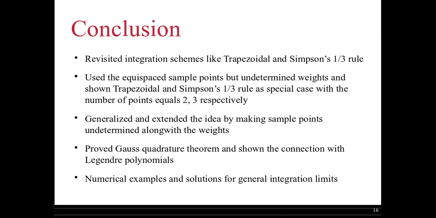Then we generalized and extended the idea by making the sample points undetermined along with the weights. Then we proved the Gauss quadrature theorem and shown the connection with Legendre polynomials, with numerical examples and a solution for general integration limits, so that we can integrate not only for -1 to +1 but from a to b in general. So that's the Gauss-Legendre quadrature, and thank you.